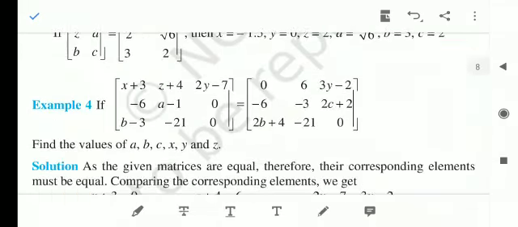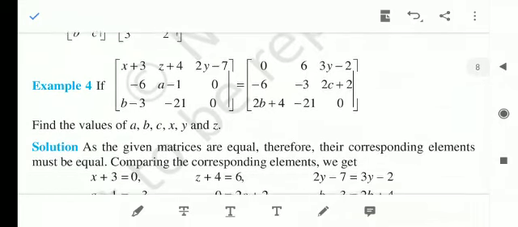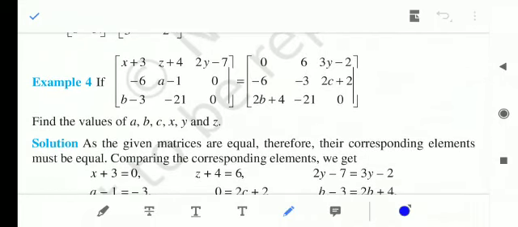Now, let us solve a question. There is an example 4, it is a 3 by 3 matrix, and if these two matrices are equal, then corresponding elements will also be equal, that is x plus 3 equals 0. Here a11 is x plus 3, on the right side a11 is 0. So, x plus 3 equals 0, that is x equals -3.